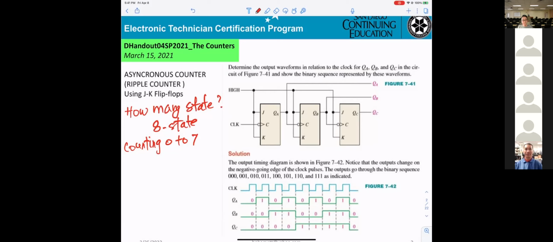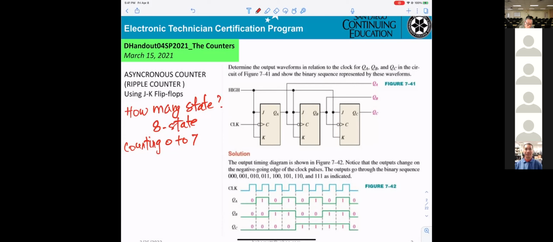So if you understand the way it's organized, they can have 4 or 5 or more flip-flops. You still know how many states and what number the counter will count up to: 0 to 7, 0 to 15, 0 to 31, and so on.